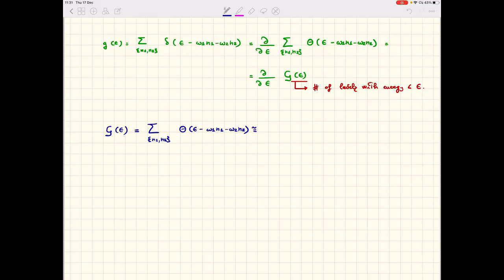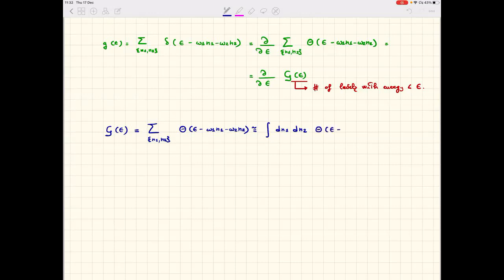I can roughly estimate it by taking n1 and n2, instead of discrete variables, passing to the integral, so writing this as integral dn1 dn2. Yes? Can you repeat the condition to go to the integral? Oh, the condition is just that epsilon is much larger than omega 1 and omega 2. So the number of levels is very, very large and the discreteness is not important.